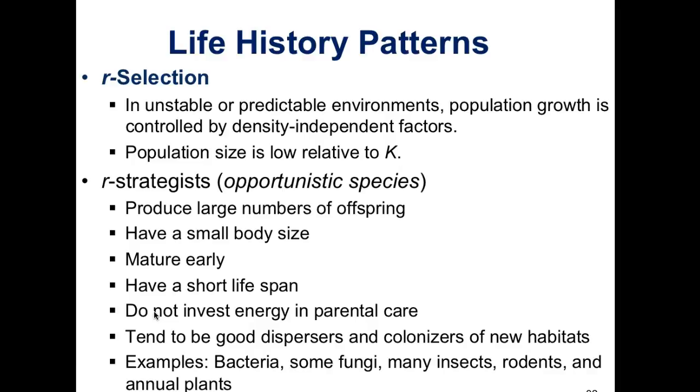They tend to be good dispersers and colonizers of new habitats. So examples of R strategist or opportunistic species are bacteria, some fungi, many insects, rodents, and annual plants.